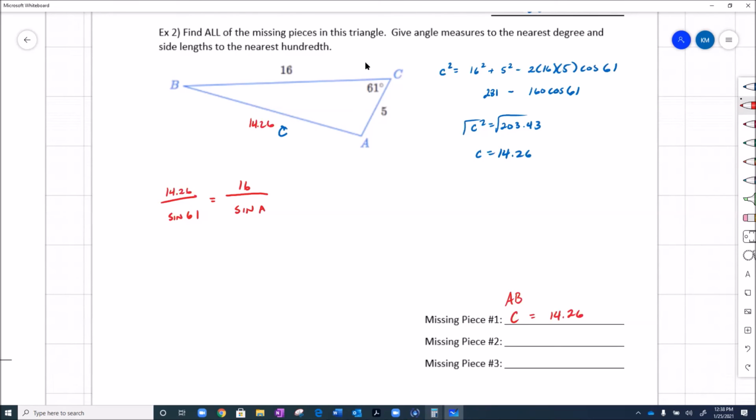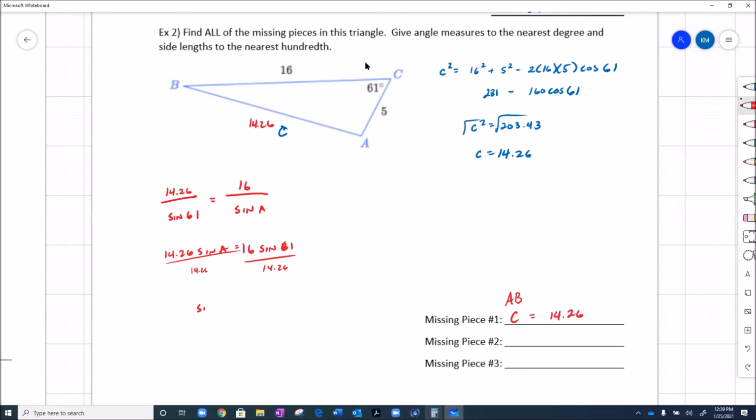Cross multiply. Okay, and that gives me 14.26 sine A equals 16 sine 61, sorry. And so now to get A by itself, I'm going to divide both sides by 14.26.